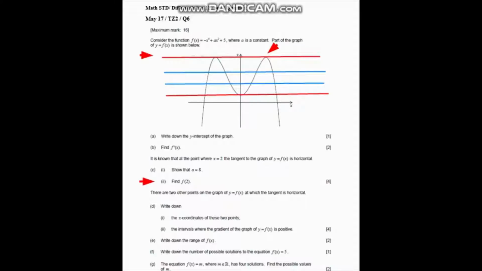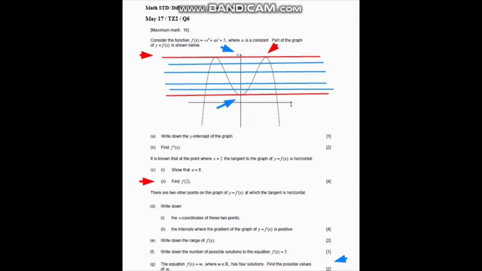So any line from the blue lines that I'm drawing shall cut the curve 4 times. Hence, the possible values of y for which the line would cut the curve 4 times exist from 5 to 21. So 5 is less than y, less than 21, or 5 is less than m, less than 21.